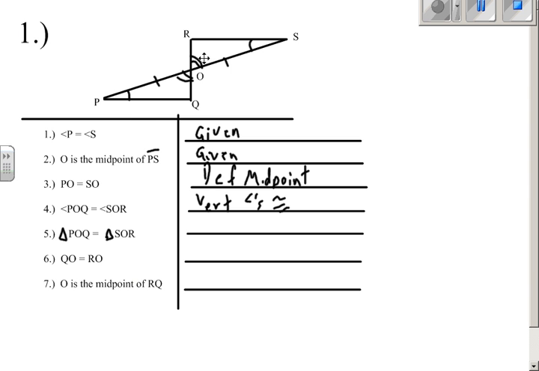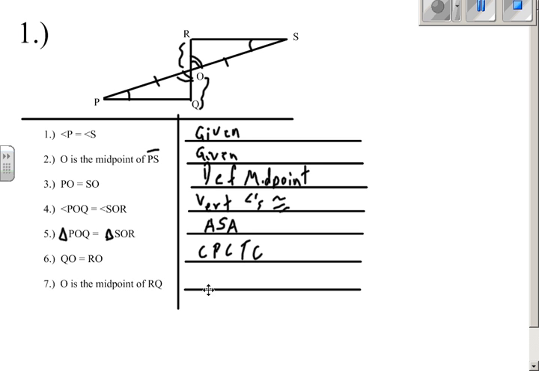Why are these two triangles congruent? Well, if you look here, we have a set of angles, then a set of sides, then a set of angles. And those sides are between the two angles. So this is the angle, side, angle postulate. And after that, we say QO must be congruent to RO because they're corresponding parts of congruent triangles, which are congruent.